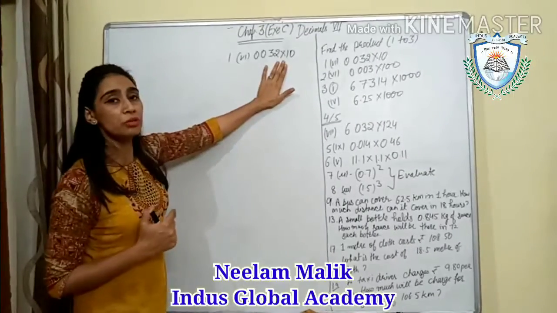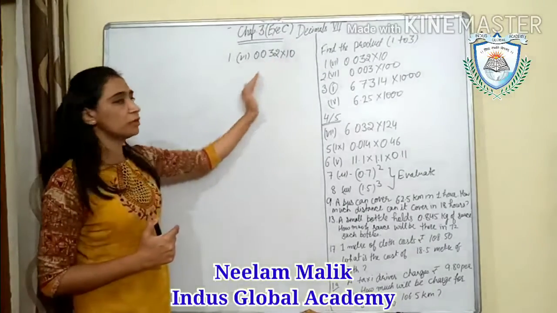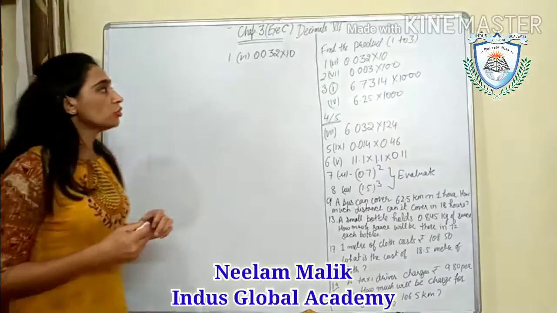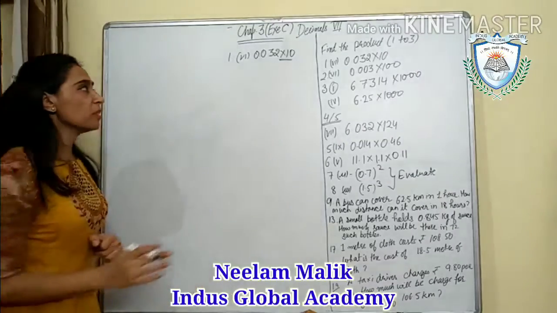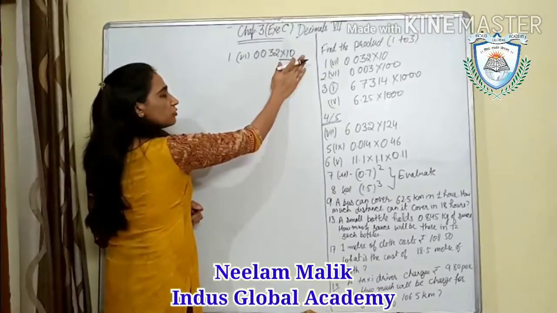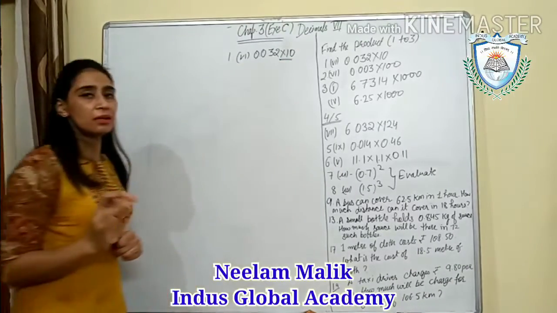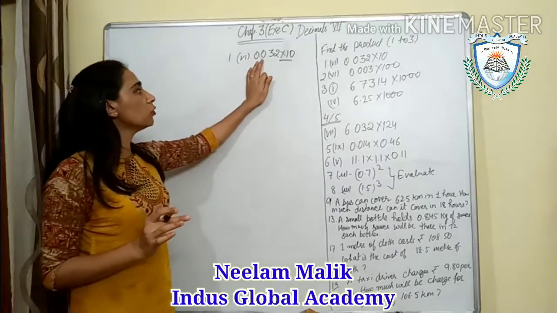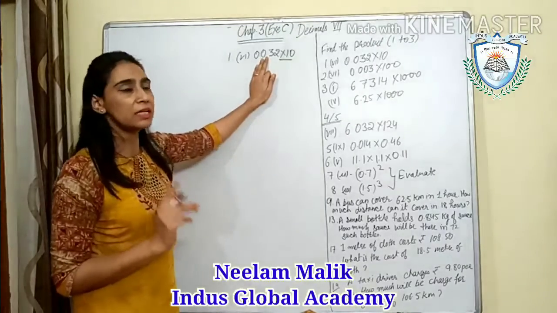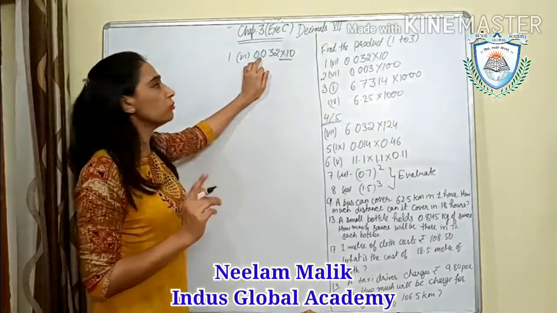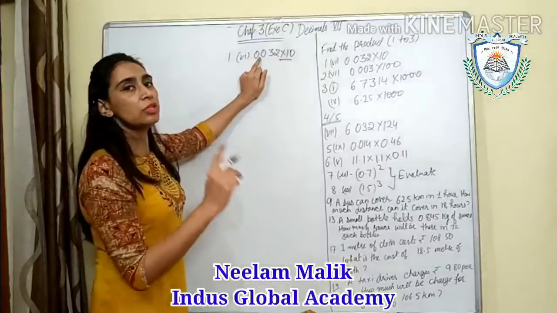If we have to do division with 10, then we move this point to the left-hand side. Here we have to do multiplication. So how many zeros are there? We are having only 10. So in 10, your decimal point will move one place to the right-hand side. If you multiply with 100, your decimal point will move to the right by 2 places.